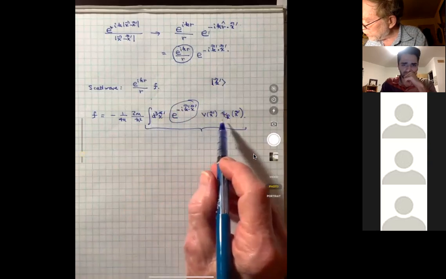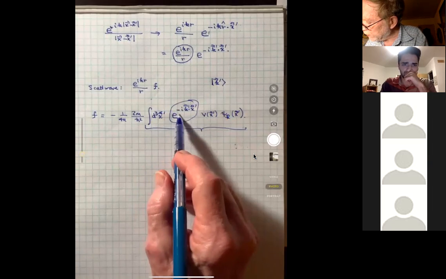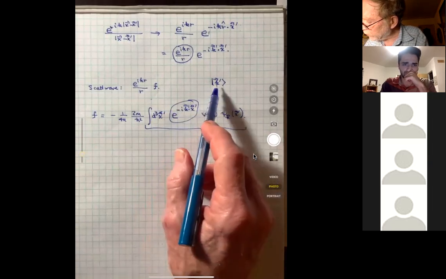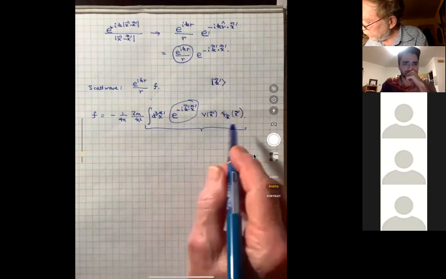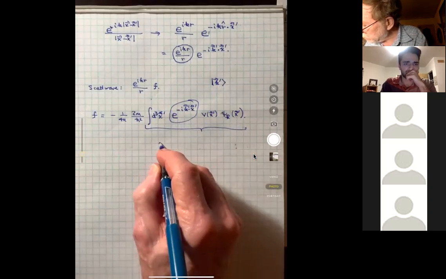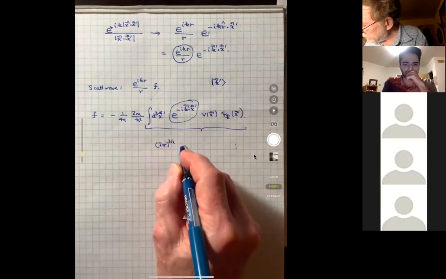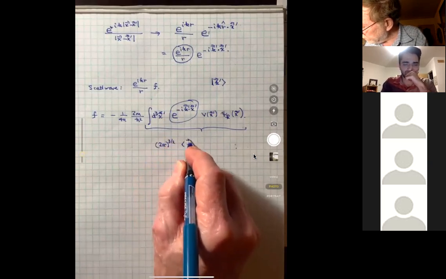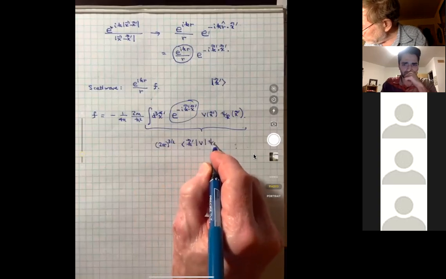So this thing is proportional to a matrix element of the potential V between, on one side, a free particle solution with the outgoing wave vector, and on the other side, the exact solution. If you put in the normalization factors, this becomes 2 pi to the 3 halves times the scalar product of k prime with V in the middle and psi sub k on the right-hand side.